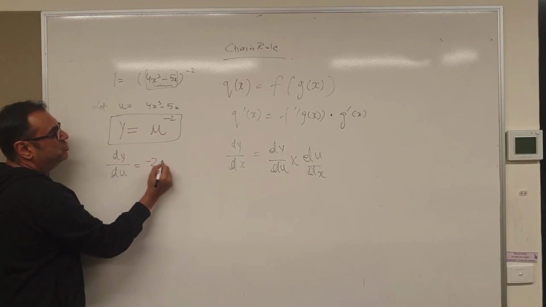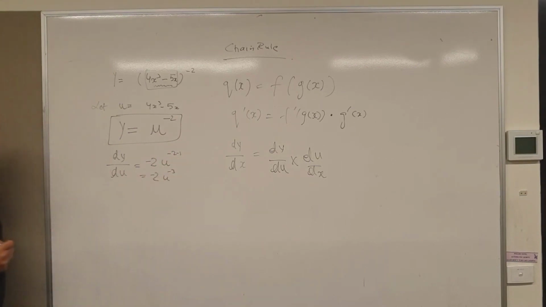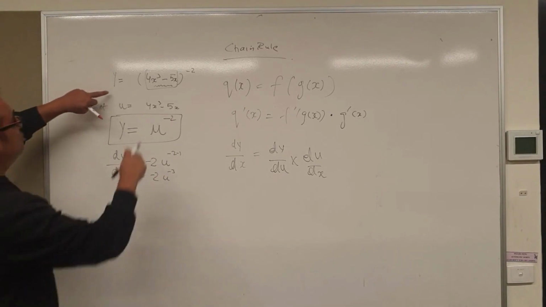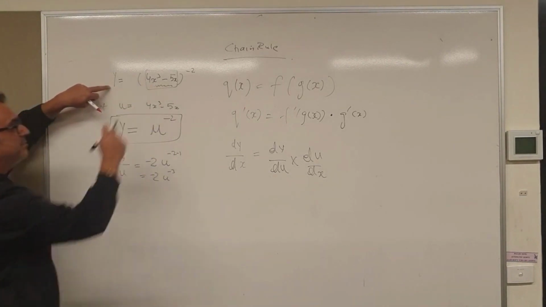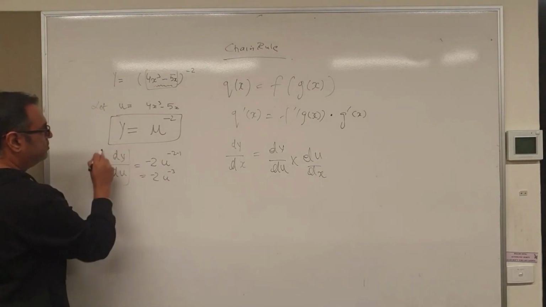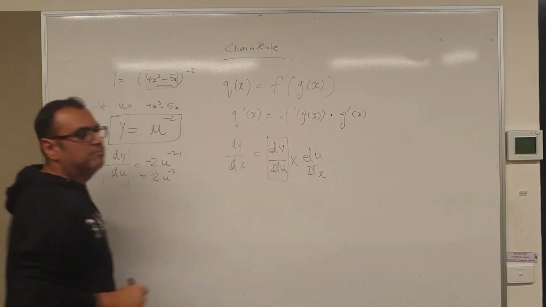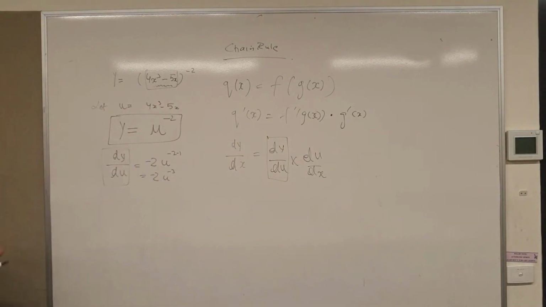That will be minus 2 u raised to the power of minus 2 minus 1, which is minus 2 u raised to the power of minus 3. But the original function was between y and x. I found dy by du this way. I've got this bit sitting as well.